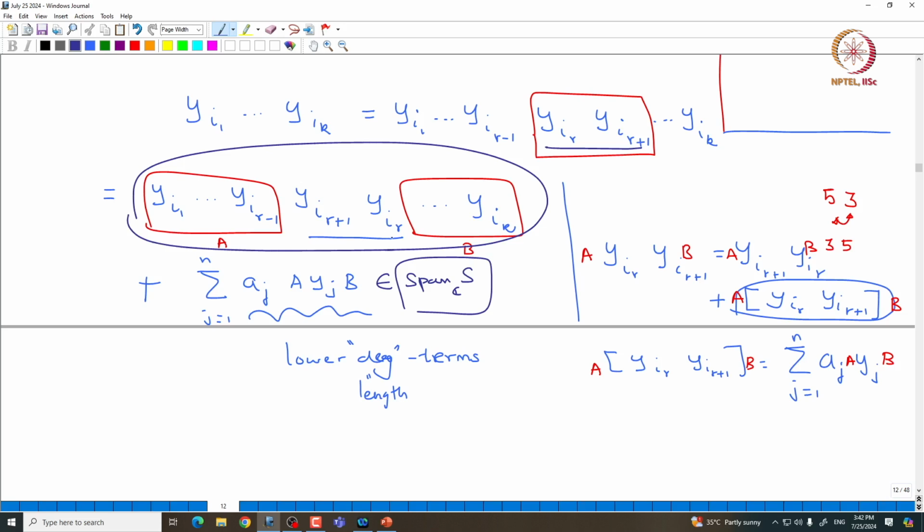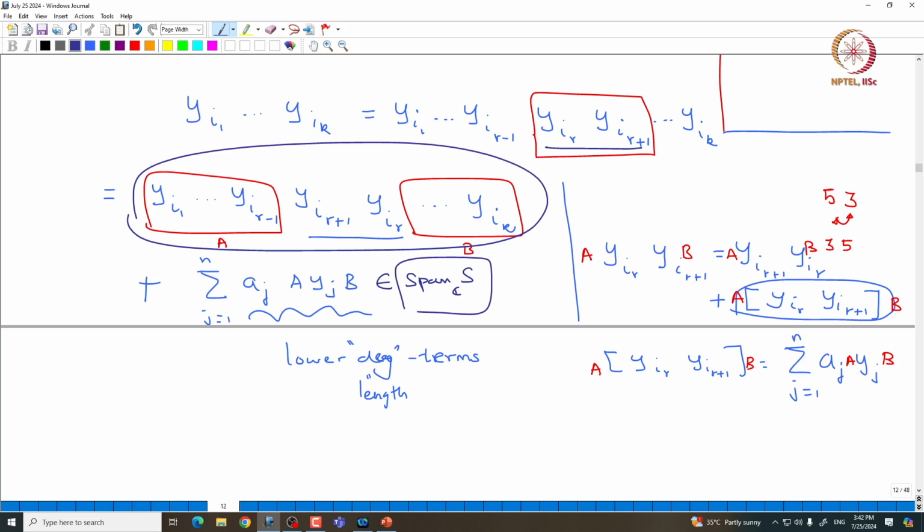So, up to rth position, actually r plus 1th position, the order is correct. Then from r plus 2 position, whether the order is correct or not, you can read it again and see. Then if it is not in the correct order, you switch back. Okay. Then again you will be paying some cost, which will be a sum of some lower degree terms.